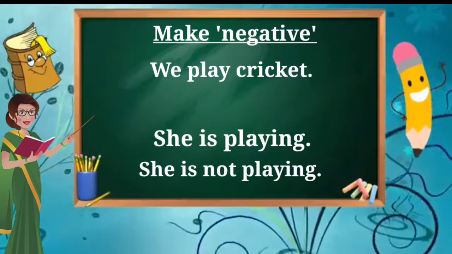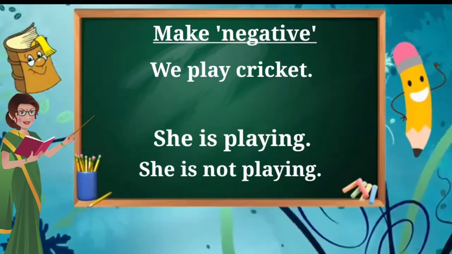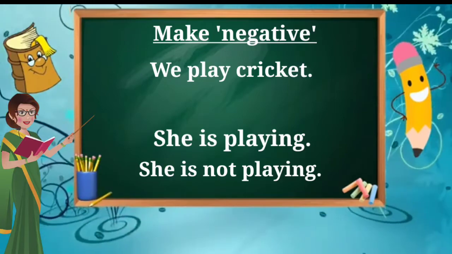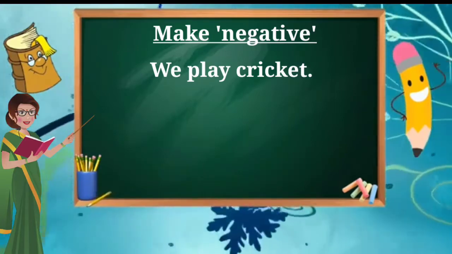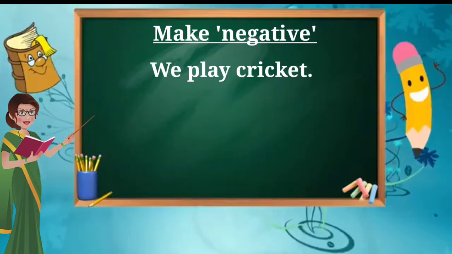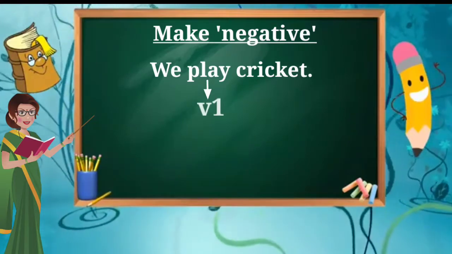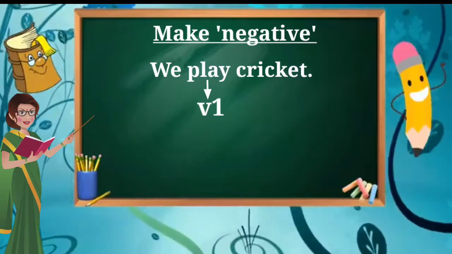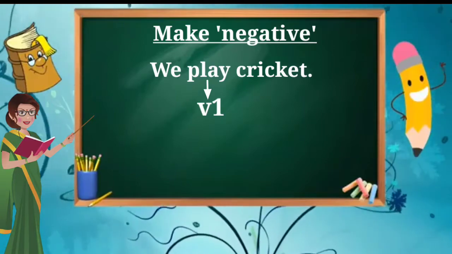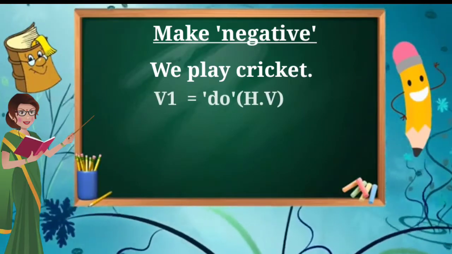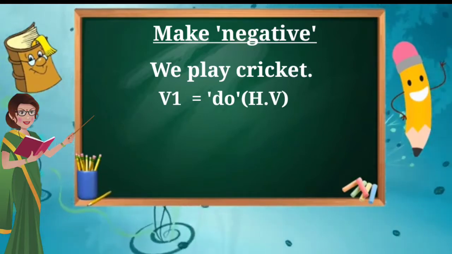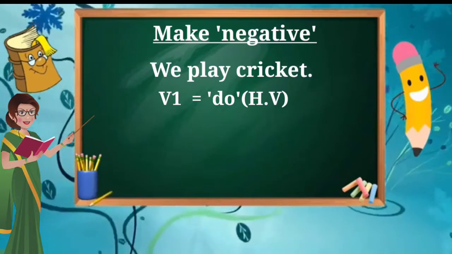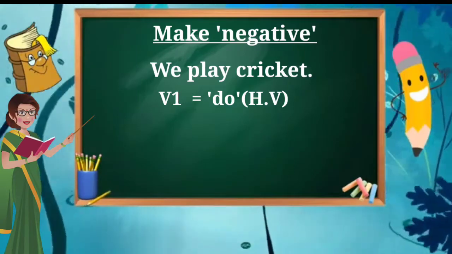But in the above case, we don't have any helping verb. So how can you make it negative? Remember, here we don't have any helping verb, but there is a V1 form. So if you get a V1 form, remember this one is very important. If you get a V1 form in a sentence, we take the word do as its helping verb.